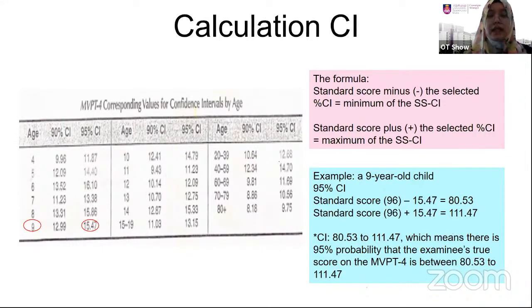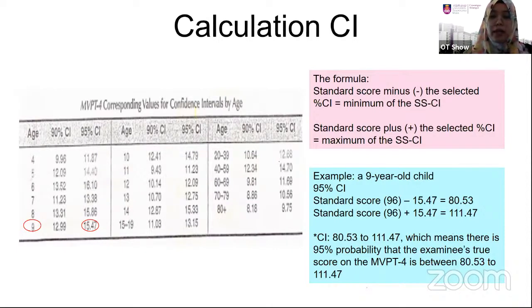Okay, ni ada lower level ability budak tu. So kita nak tahu maksimum pula. Maksimum standard score 96 tambah dengan 15.47, so kita dapat 111.47. Okay, cara nak tulis dia, kita akan letak lower level dulu iaitu 80.53 to 111.47.